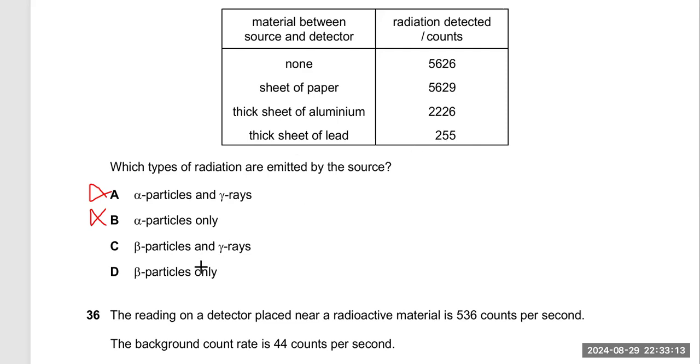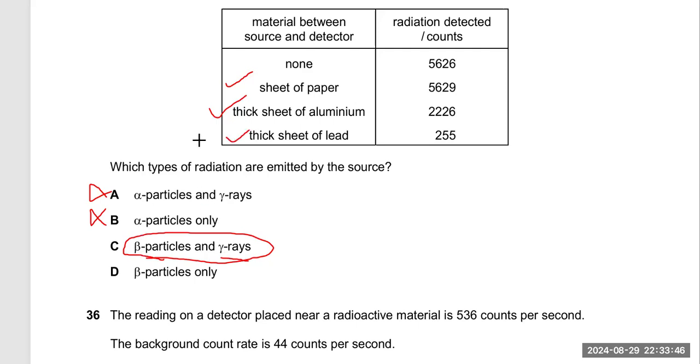It means not beta particles only. If you look at gamma radiation, the source is emitting two types of radiation, beta particles and gamma rays also, because gamma rays move through the thin sheet of paper. So gamma is correct.